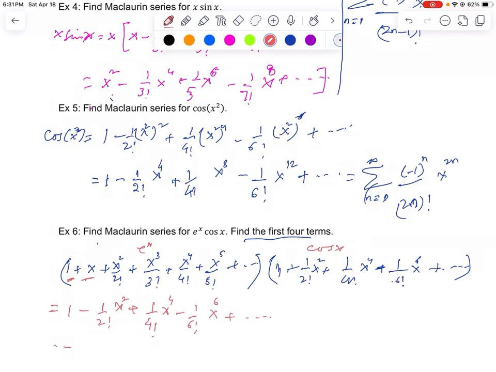Plus x into 1 is just x, x into minus 1 over 2 factorial into x squared will make it minus 1 over 2 factorial x cubed. Yes, it's x squared and it gets multiplied by x, so it's cubed.